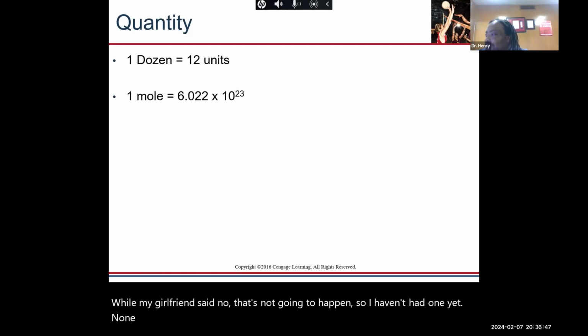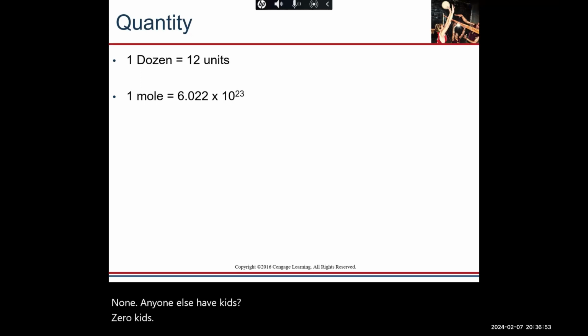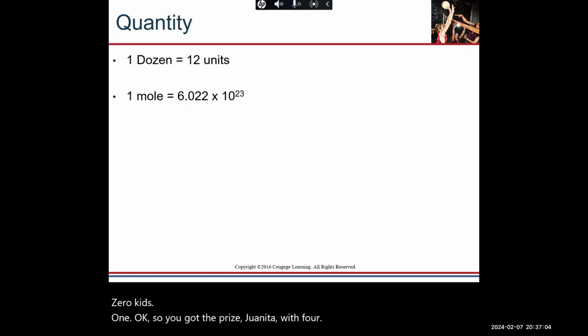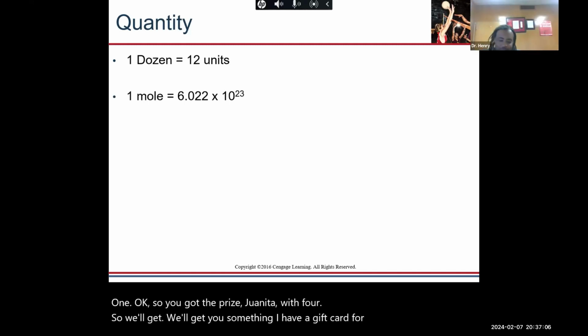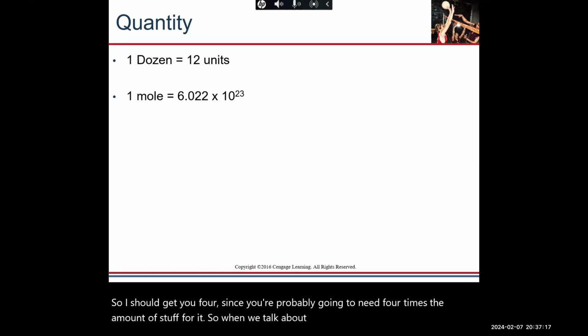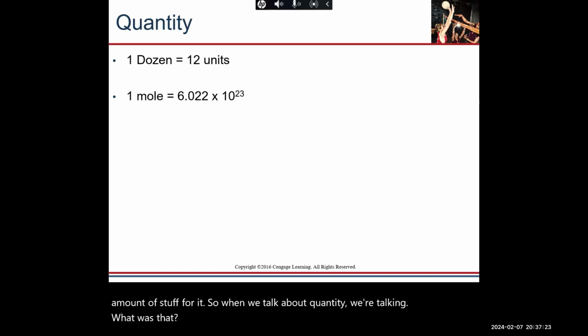Anyone else have kids? 0. 1? Okay. So you got the prize, Juanita, with 4. Woo! We'll get you something. I have a gift card for you. So I should get you 4 since you're probably gonna need 4 times the amount of stuff. I need 6 because there's 4 plus the parents too. True. Okay, I got you.